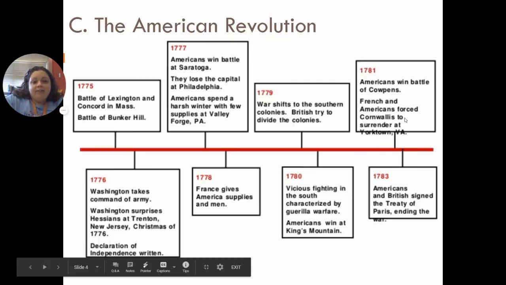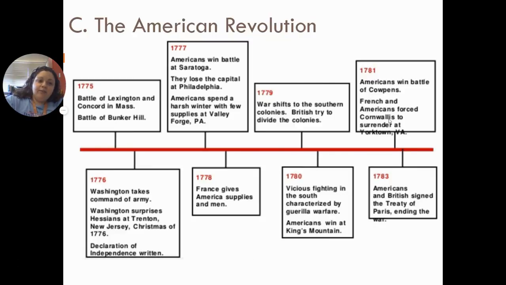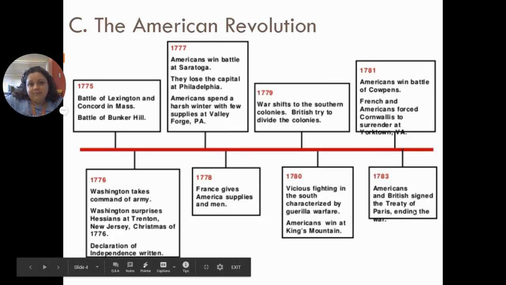And with the French allied with the American forces, the Battle of Yorktown is considered the final battle of the American Revolution. The Battle of Yorktown in Virginia is where the French Navy shows up to fight alongside the American colonists and ultimately force the British to surrender.